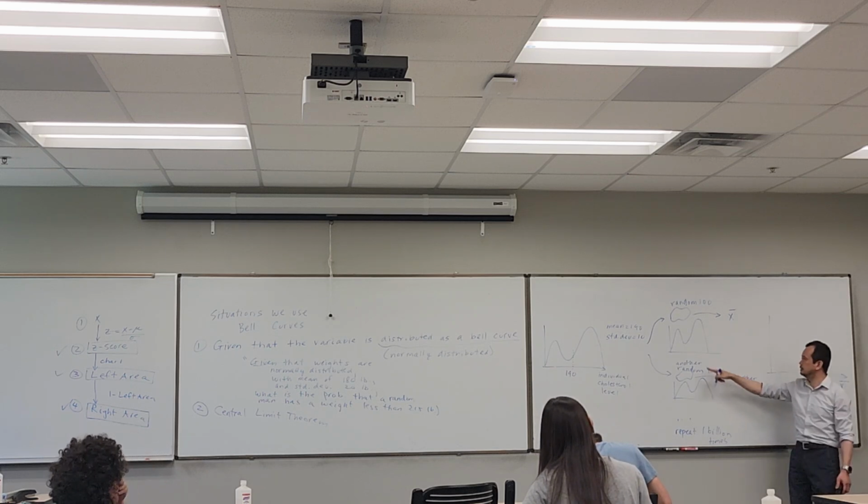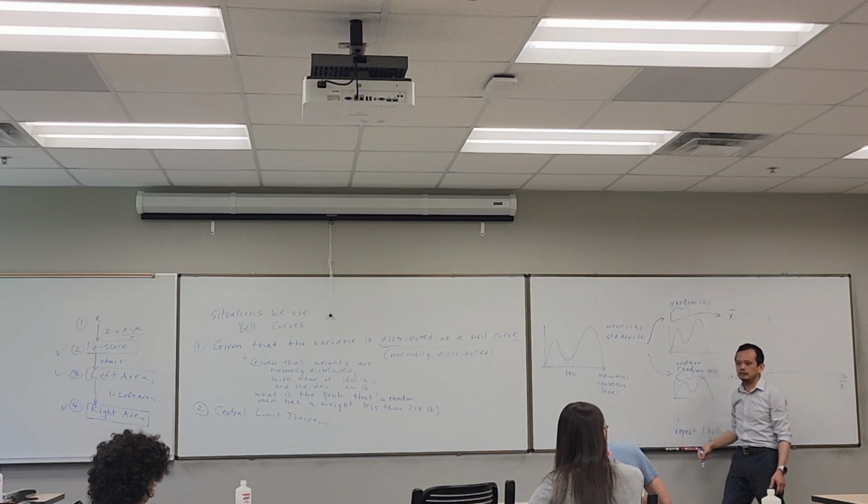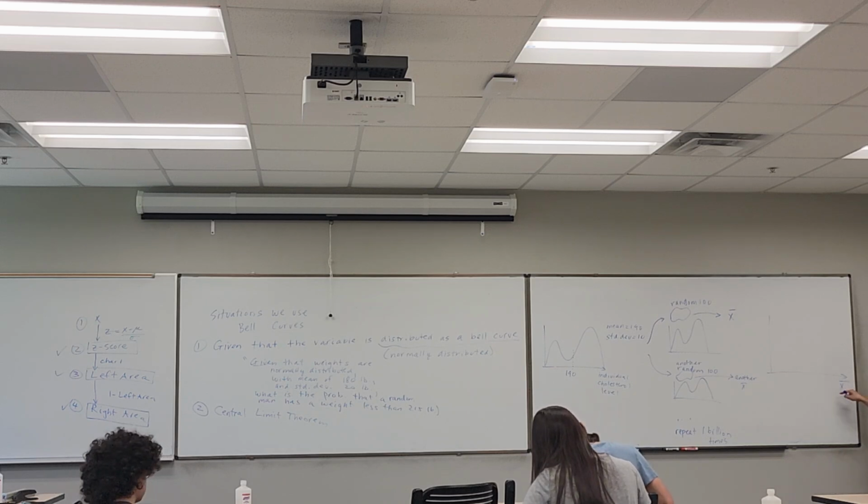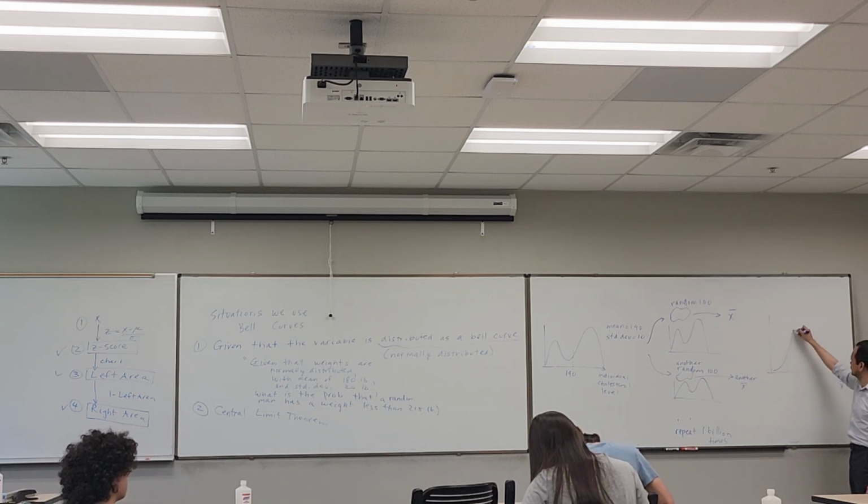Will it look like the originals? It should look like a bell curve. Yeah, why is that? Because the means will trend towards 190 and distribute down evenly across either side. Okay, excellent. So when you plot the distribution of sample means, we're going to end up getting a bell curve.